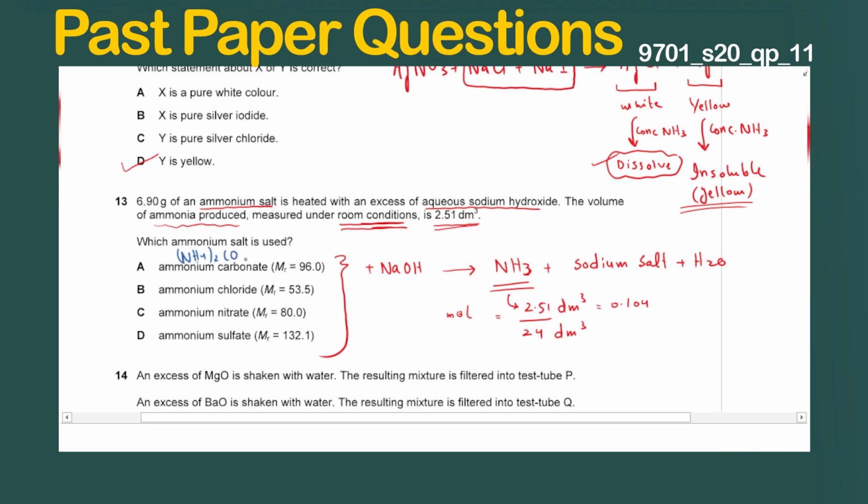So beta ji, in the ammonium carbonate we'll get NH4 twice, carbonate, it will give you 2 ammonia. Ammonium chloride will give us only 1 ammonia. Ammonium nitrate will give us only 1 ammonia. And ammonium sulfate is also giving us 2 ammonia gas molecules.